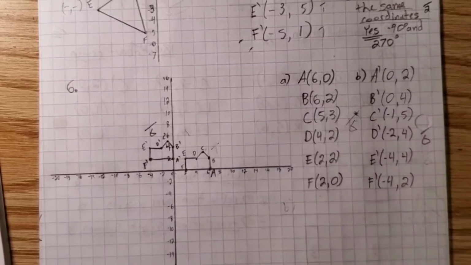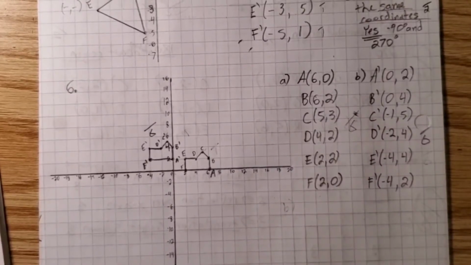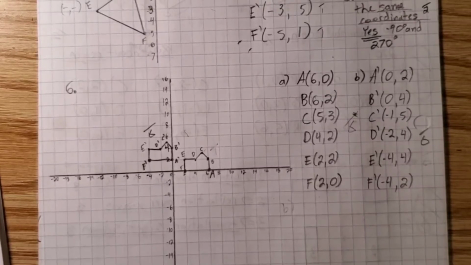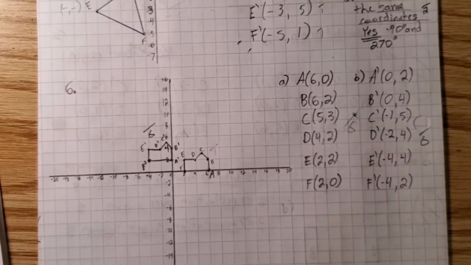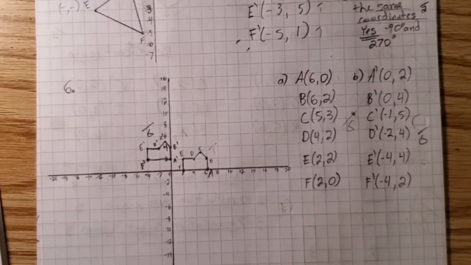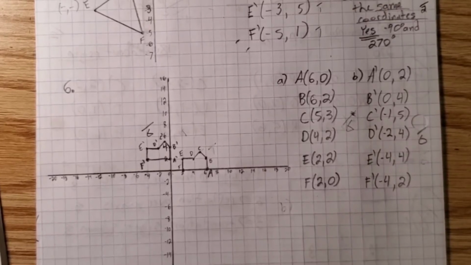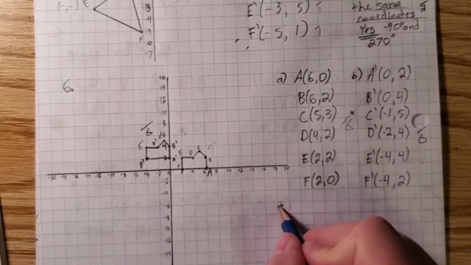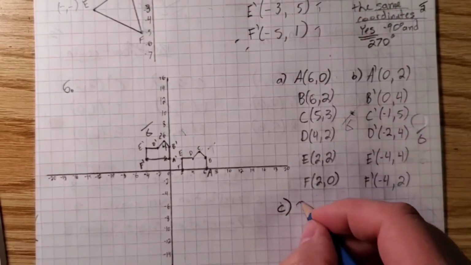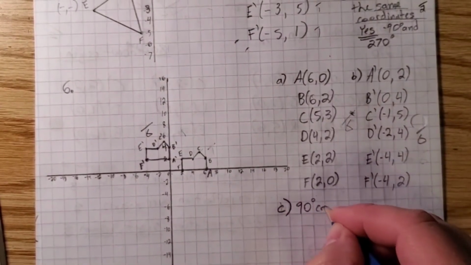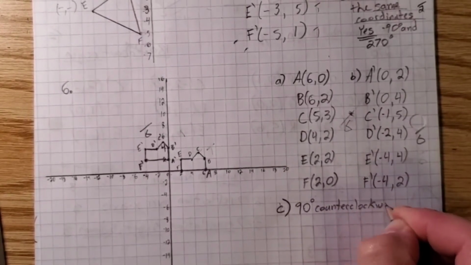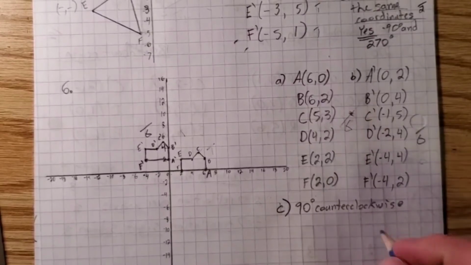B says to rotate the image polygon A prime, B prime, C prime, D prime, E prime, F prime by 90 degrees counterclockwise about the origin. And then we are going to write those ones, and we're labeling this with the double primes, okay? So we're doing a 90-degree rotation counterclockwise.